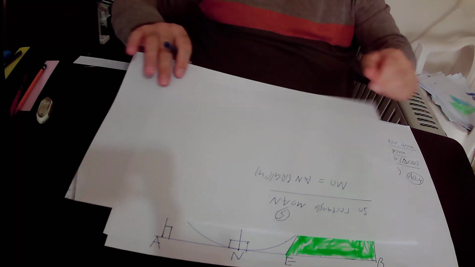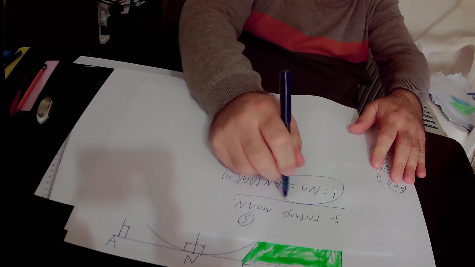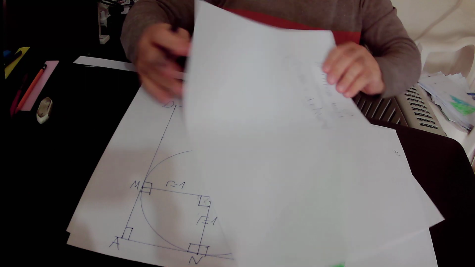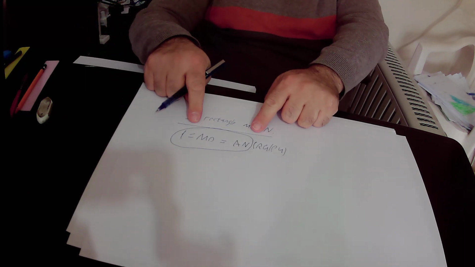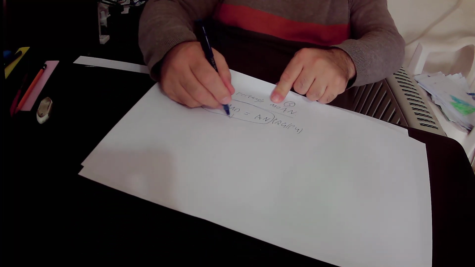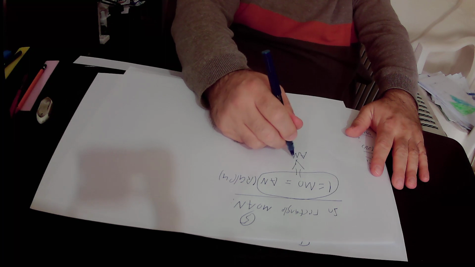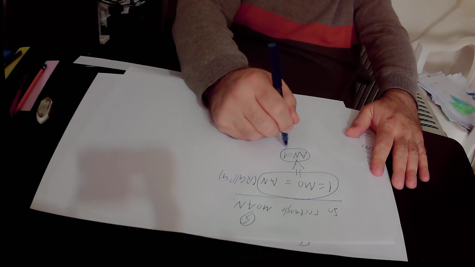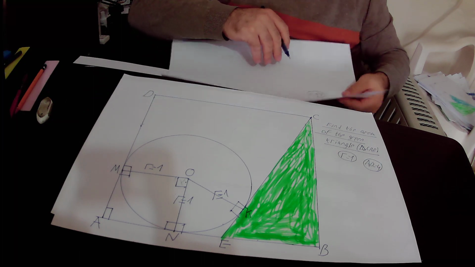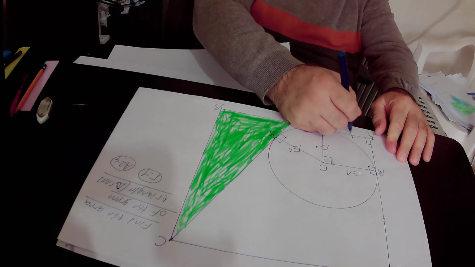So we can write here that MO equals 1 unit, and from this equality we will conclude that AN also equals 1 unit. So we can write here that AN equals 1 unit.